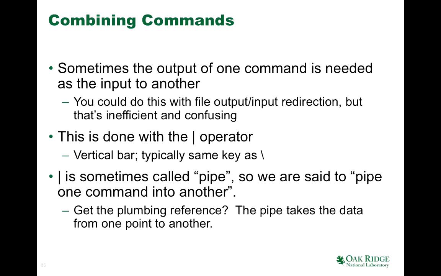So if you want to do things on the fly, you can use the pipe operator. The vertical bar, it's on the same key as the backslash on just about every system I've ever used. The reason it's called the pipe operator, if you think about it, is that it's a pipe taking the output from one command and sending it into another. So kind of a plumbing reference, the pipe carrying things from one place to another.